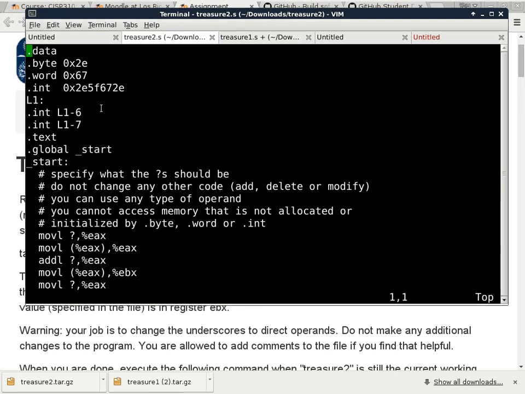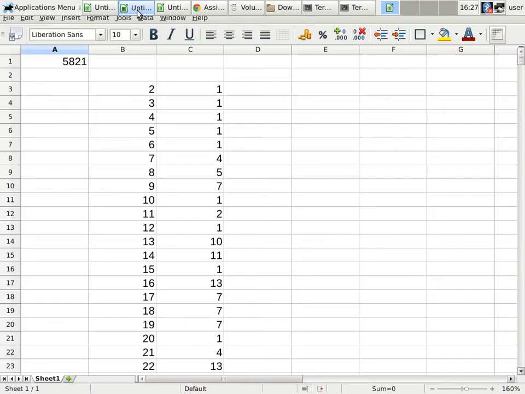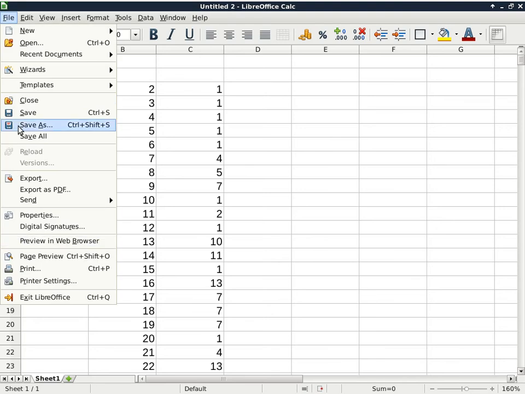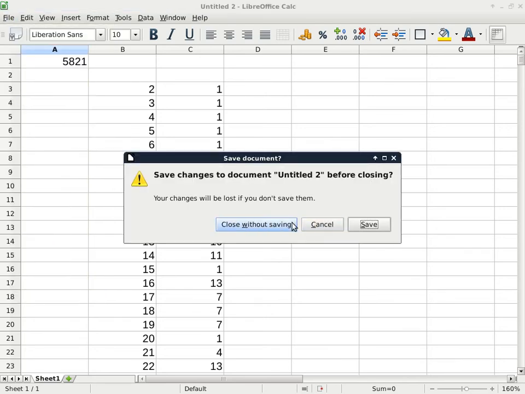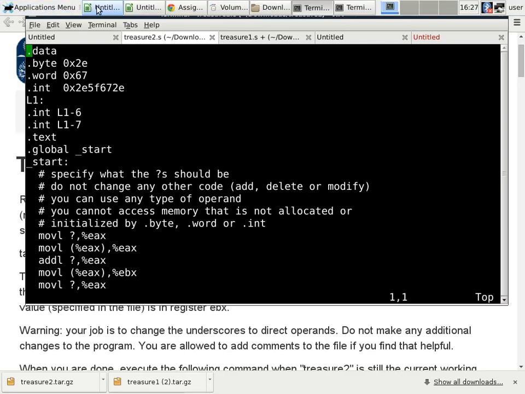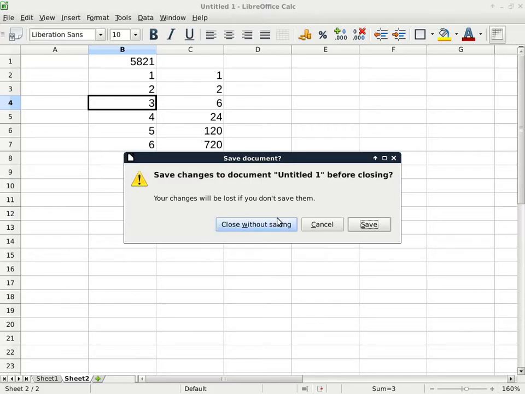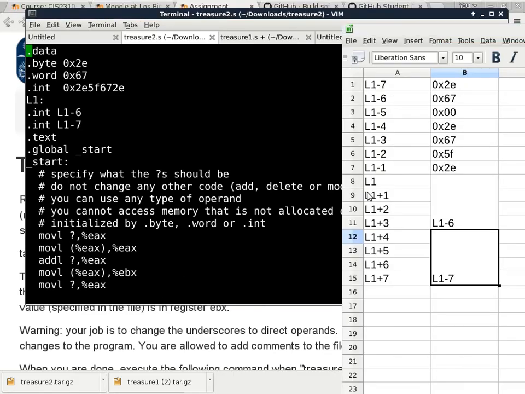So I have just done one part of your homework assignment, because the spreadsheet that I was using, not this one, close the one that we don't need, and not this one. This one here.